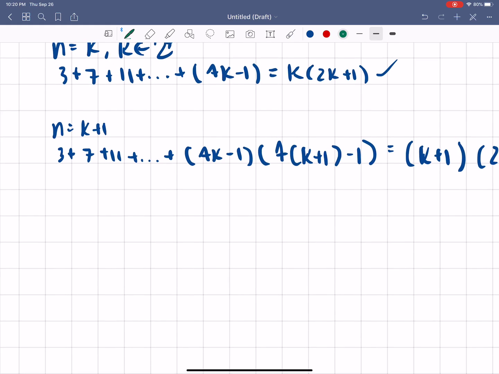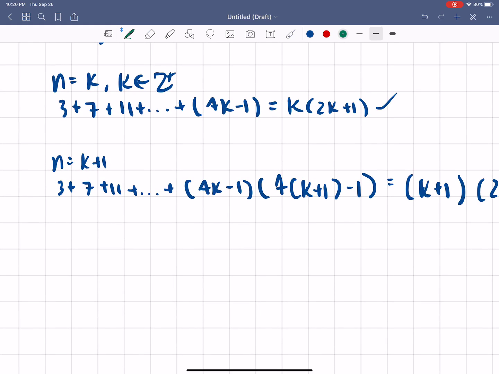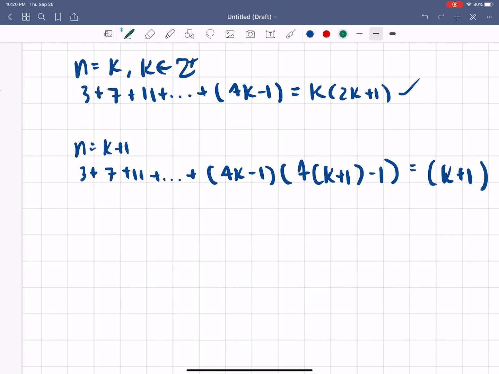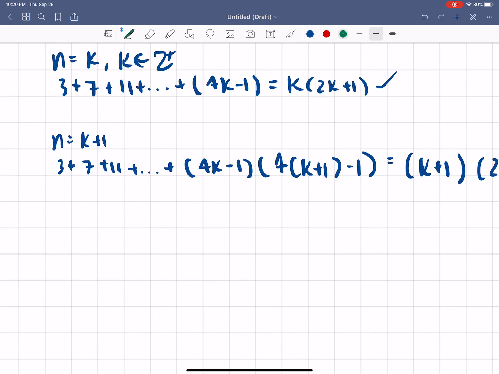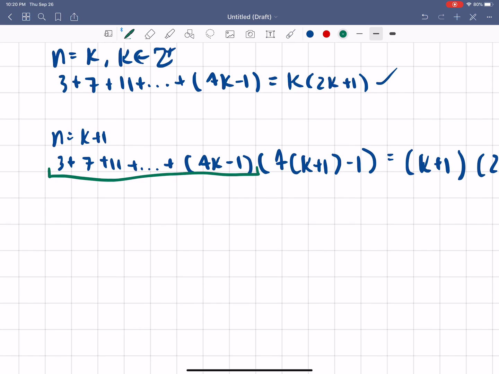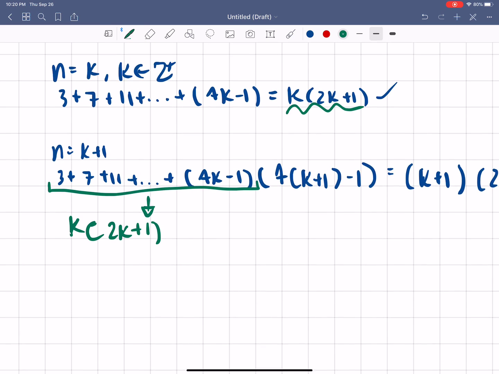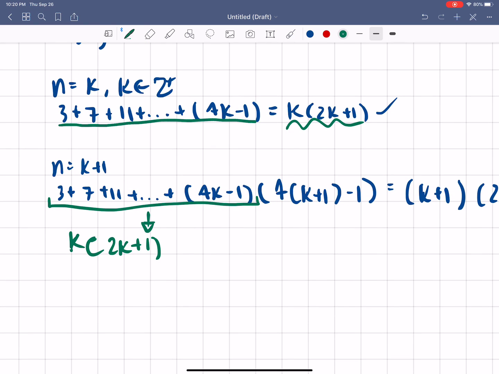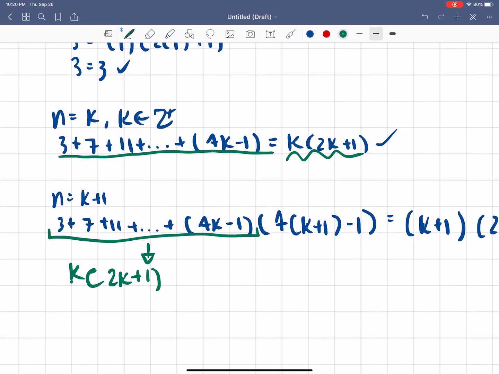One thing you might notice is, hey, we can use the n equals k assumption to simplify this expression here. So this, in the green, simplifies to this. And we know that because we assume that n equals k. And this sequence right here makes that shortcut or substitution for us.